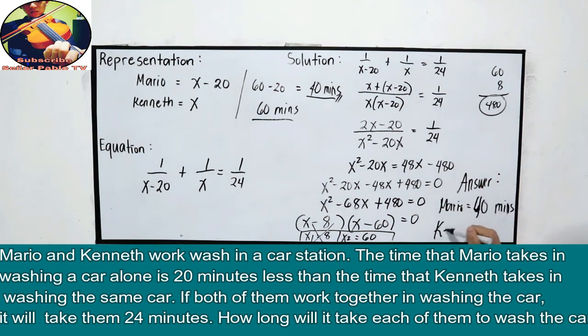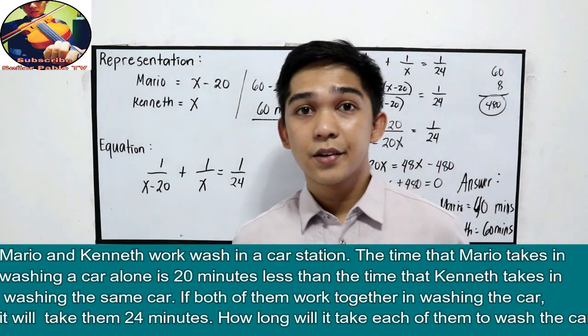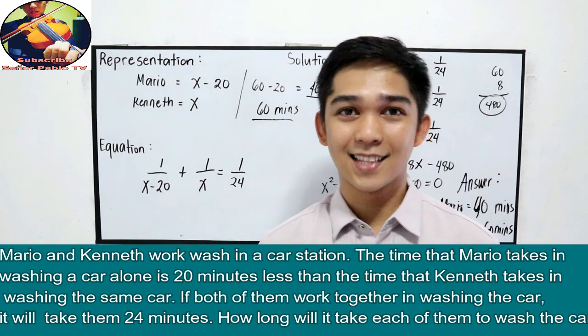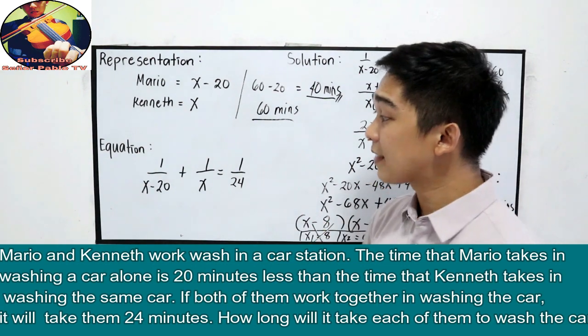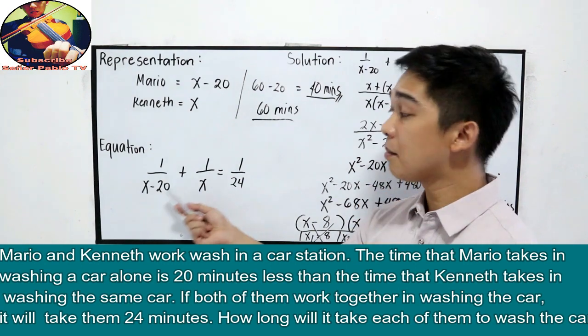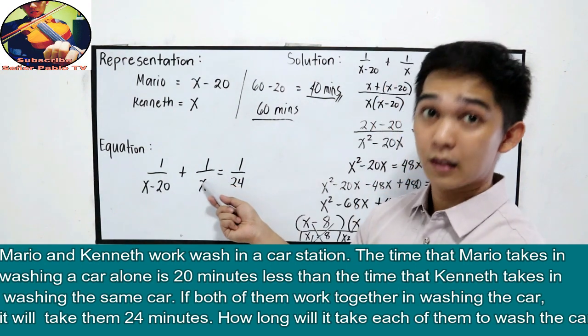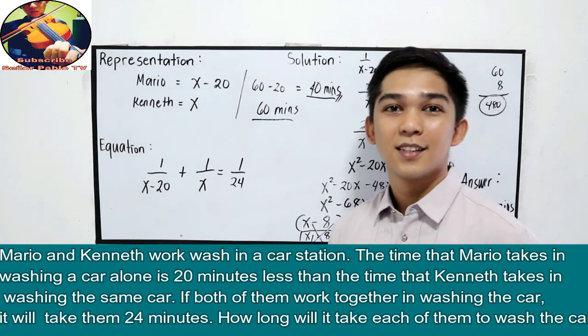Then, kay Kenneth, kaya niya ng 60 minutes tapusin yung isang car na linisin. Yan ang ating work problem. So, tandaan natin yung formula: 1 over yung time ng isang tao plus 1 over yung isa is equal to 1 over time nila together.